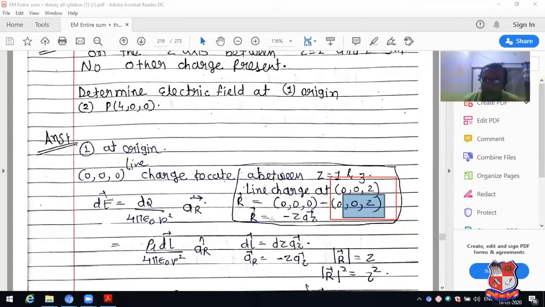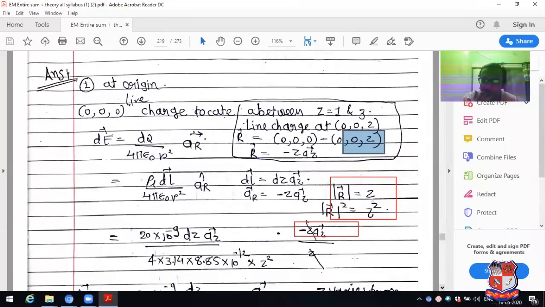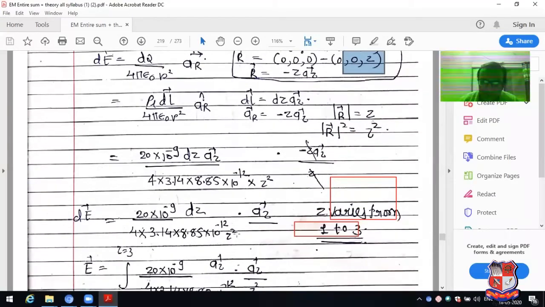Because if you take the determinant of this, we get z, so mod r square equals z square. So dq equals rho L dl divided by 4 pi epsilon 0, R square equals z square. Here minus z aZ, so z cancels, giving 1 upon z square.